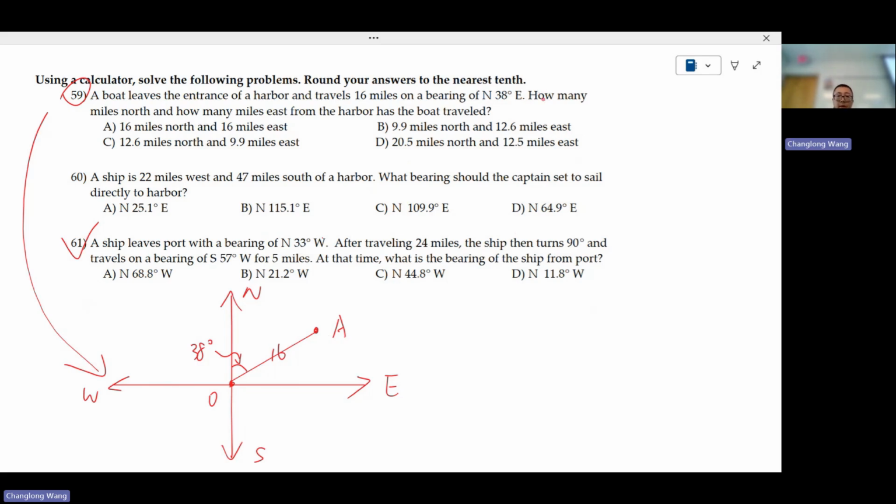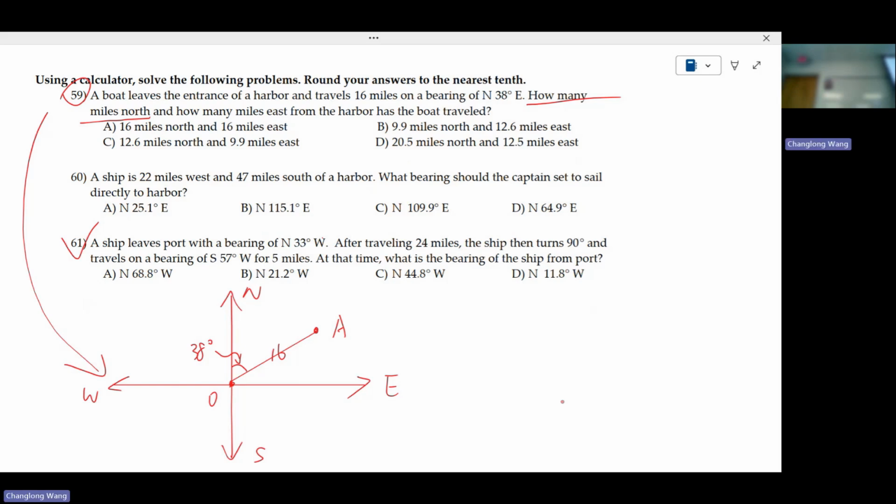But the question might be a bit confusing. Like, what does it mean? How many miles north, and how many miles east from the harbor? Well, the boat is not strictly to the north or east, it's in a northeast kind of direction.